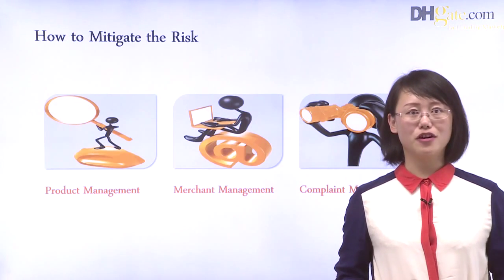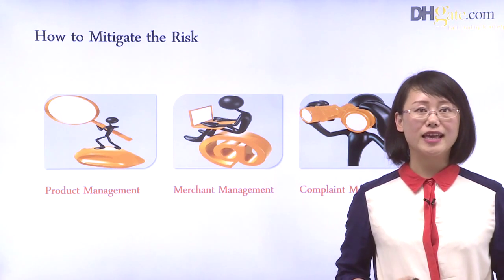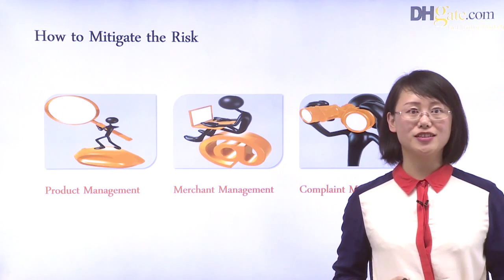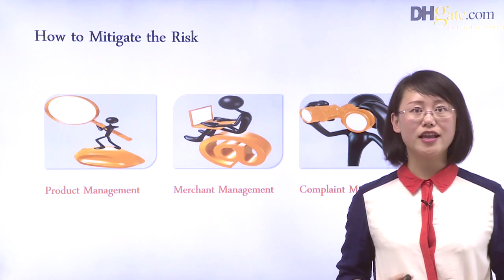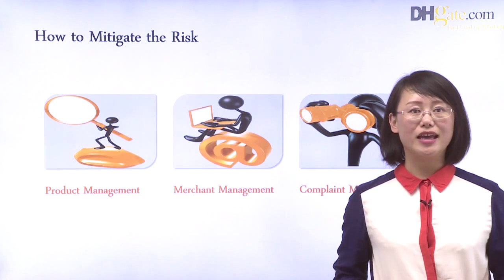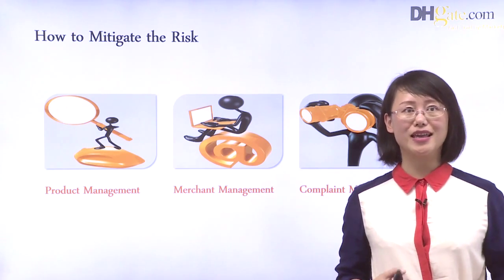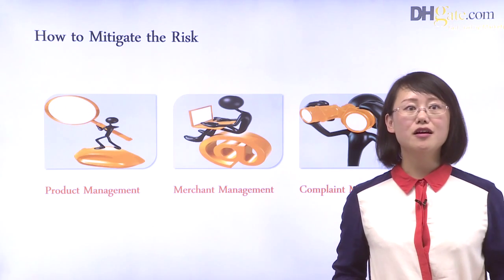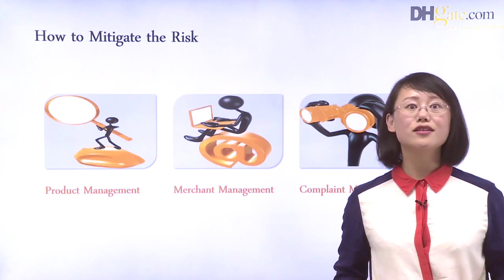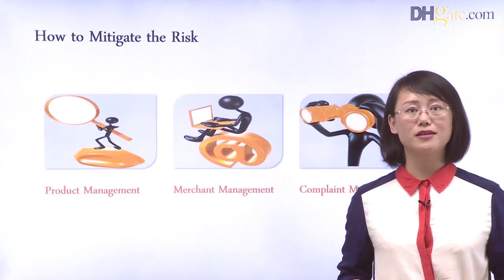Some platforms may have millions of listings online, and it's very hard to sort out all the illegal and infringement products one by one. It seems very complicated, but you can still mitigate this kind of risk by managing your products, your merchants, and the complaints made by the intellectual property owners.